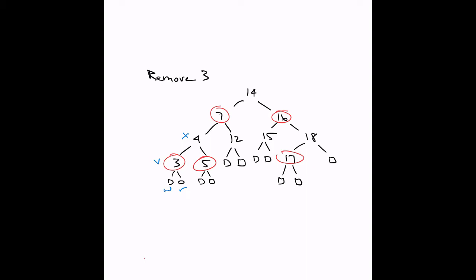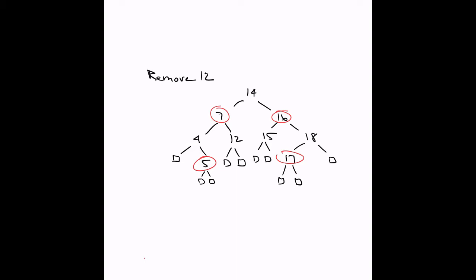Remember that in their removal algorithm, once we have these node labelings, we remove V and W and replace V with R. So here we have the tree after the removal.